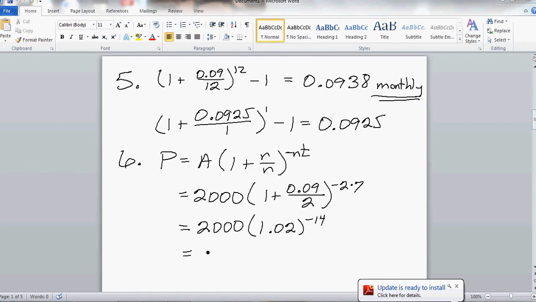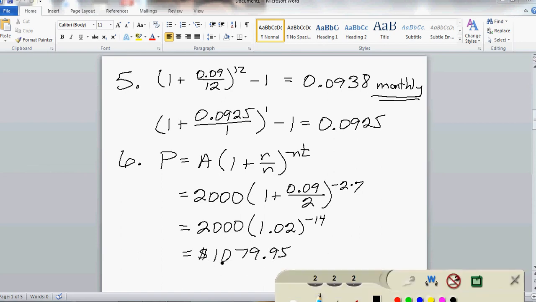And then plugging and chugging away, 2,000 times 1.02 raised to the -14 is $1,079.95. So what that means is we have to put in $1,079.95 into an account that pays 9% compounded semi-annually, and after 7 years we'll get $2,000 if it just sits there.